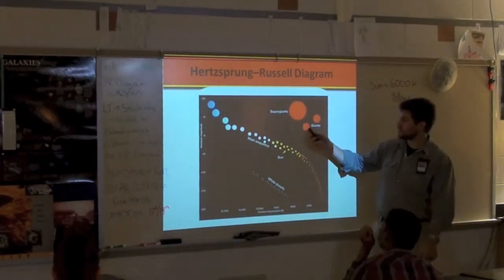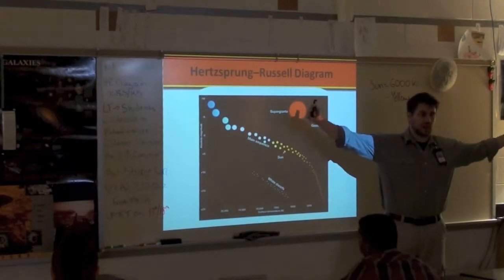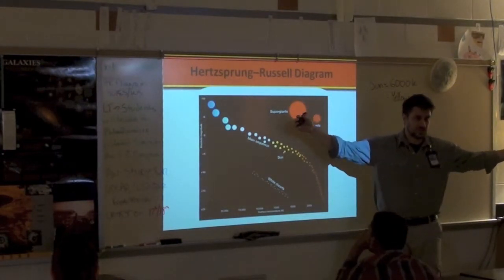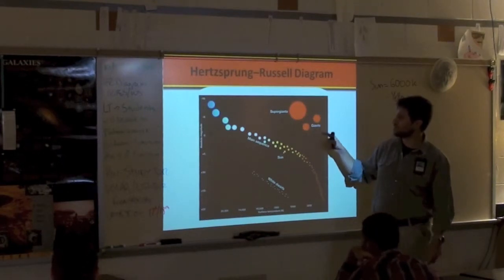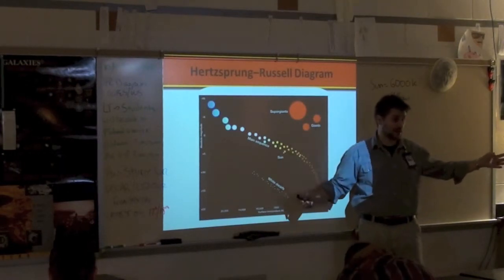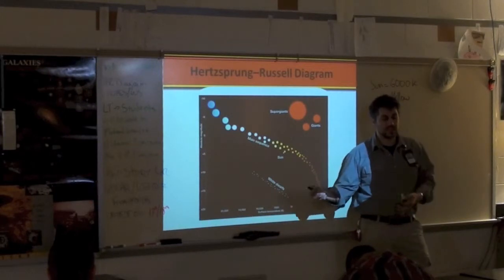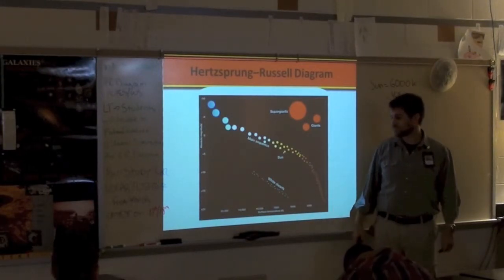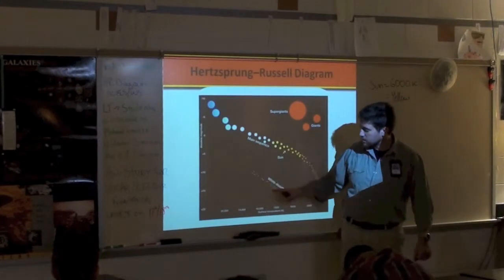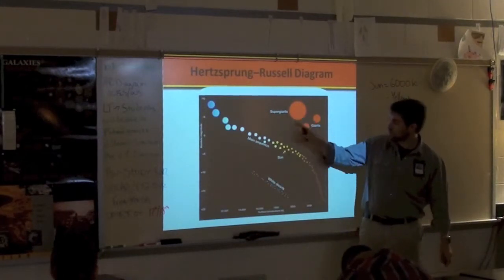You have the supergiants that have swollen because they're no longer fusing hydrogen anymore. Now they're fusing everything else. They're swollen, and because they have more surface area, there's more of the star to see. More light can escape. Thus, it's brighter. And then down here we have the white dwarfs, which are really, really small. It's the core of these stars.